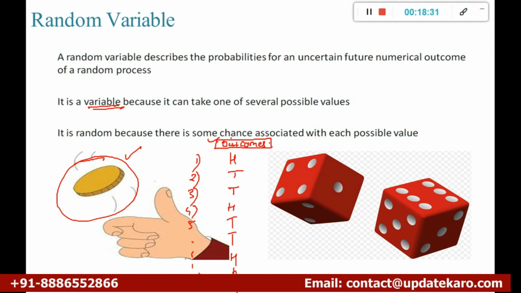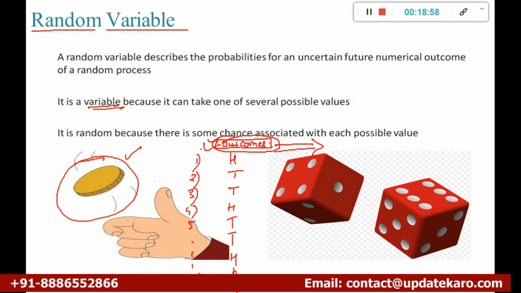Now these outcomes, where my results are stored, that label or this phrase or this entity or this object is nothing but my random variable.